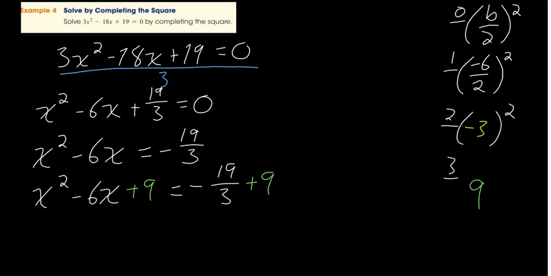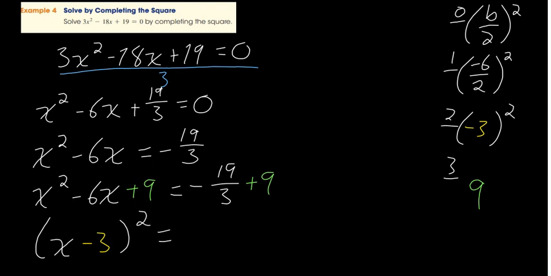The whole point of doing this was so I can get the left side into a square. So what is the factored form of the left side? You probably can do this in your head, but just in case you can't, remember it's over here in step 2. So this is going to turn into x minus 3 quantity squared, equal to. Now I have to do some math here.